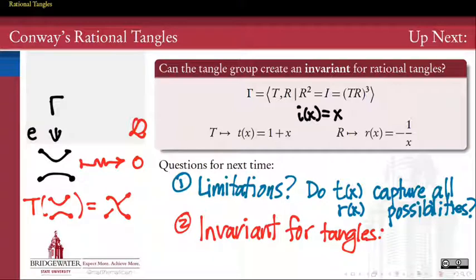But then in this representation, I should get the same thing as if I apply the function t to the representative of the empty tangle, 0. And if t of x is 1 plus x, then t of 0 is just 1.